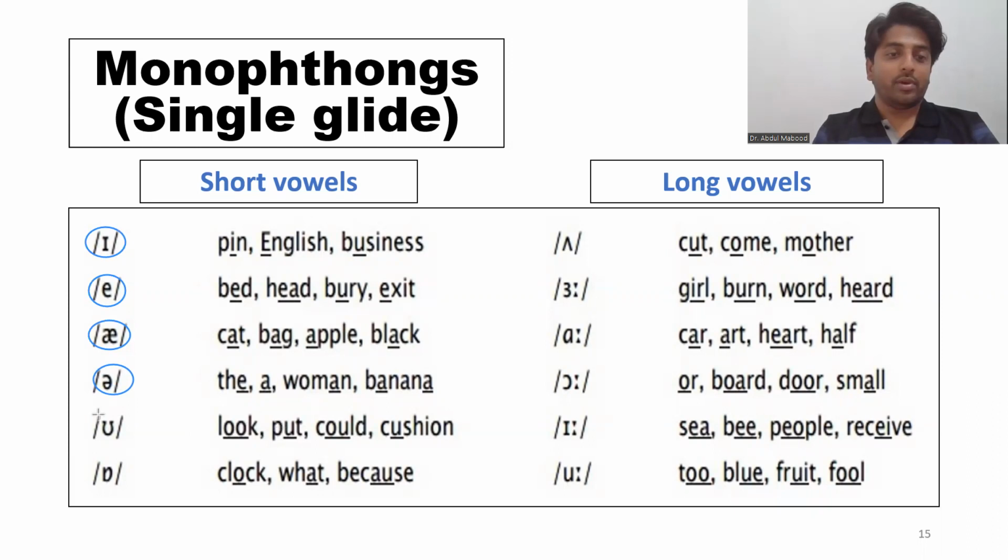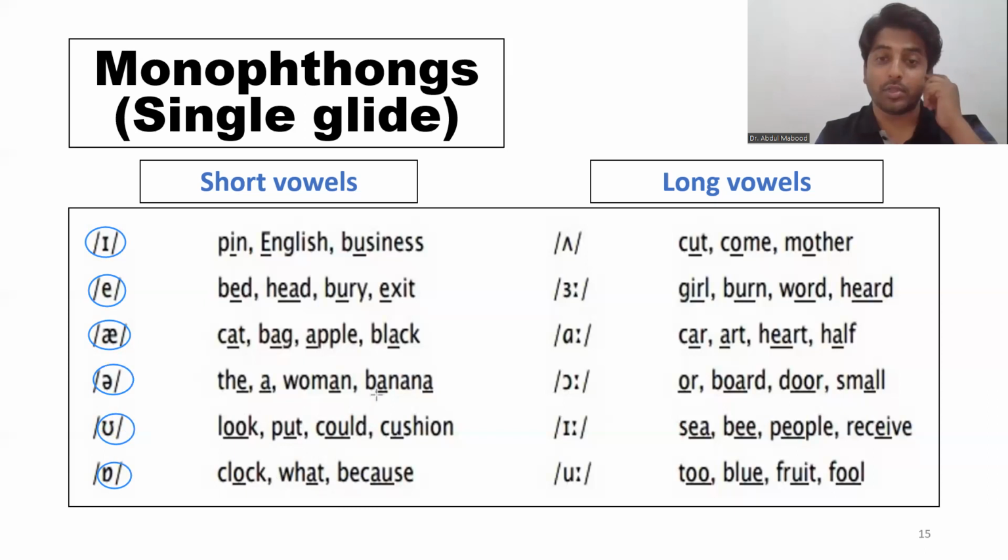Then we have the u sound: look, could, cushion. Then we have the o sound, like clock, what, because. So all these six sounds here are very short, small.